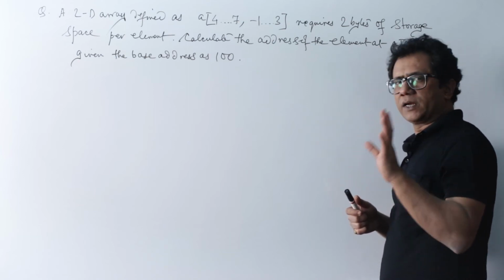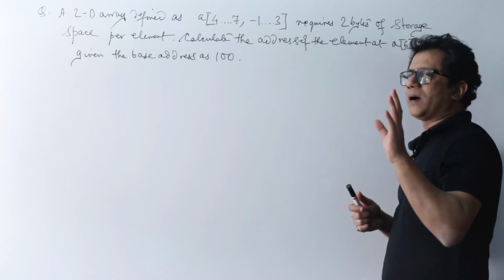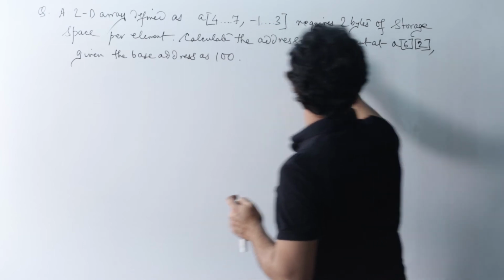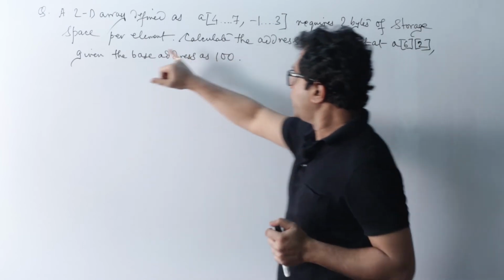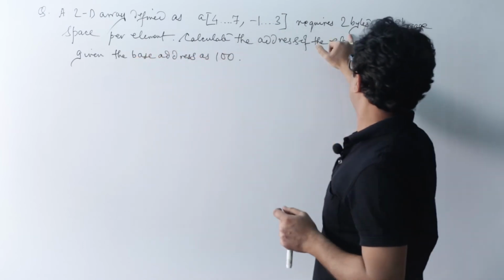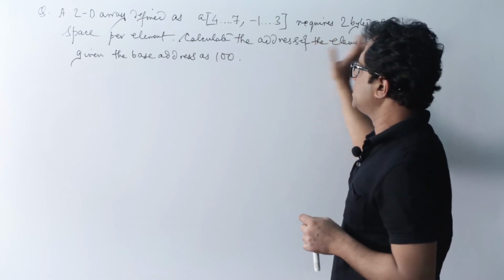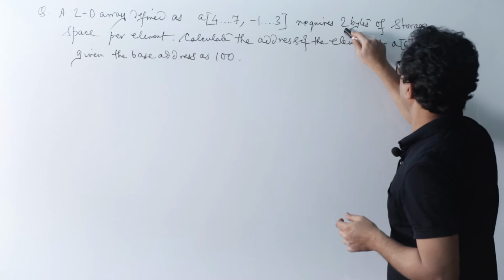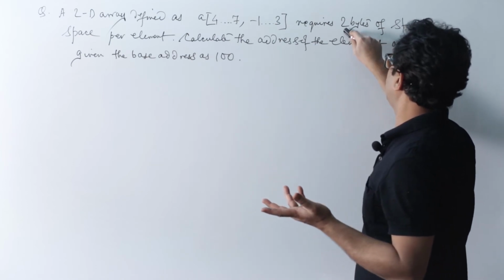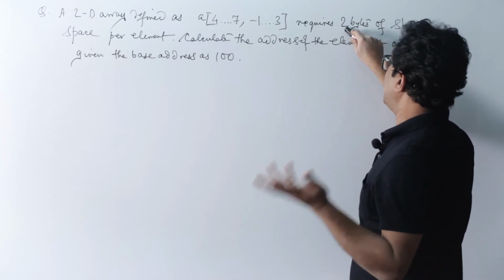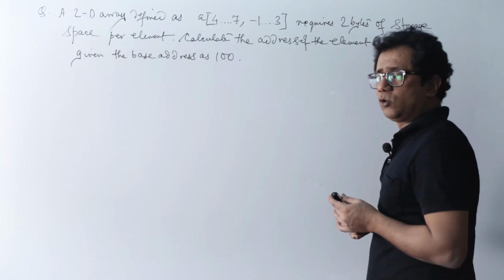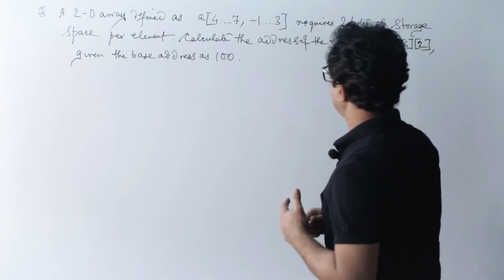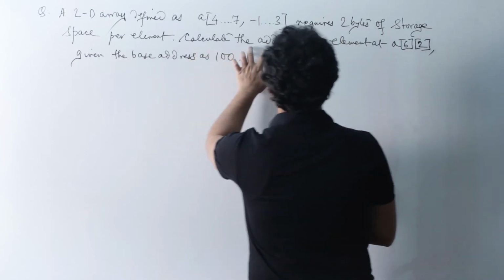So we are dealing with integer elements and nothing other than integers. If it had been 4 bytes, it would have been a float value, if it had been 8 bytes, it would have been a double value, and so on. So we are dealing with integers for the sake of simplicity. Calculate the address of the element.